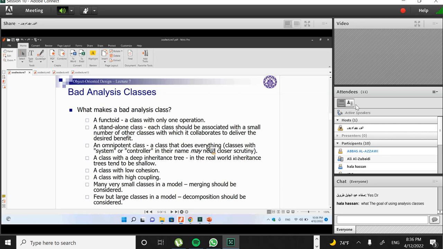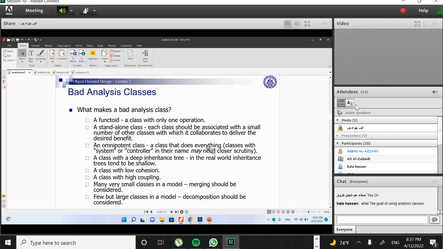A class which has the power to do everything of our project is a bad class. All responsibilities and all processes in the project are assigned to one class, and that's bad.